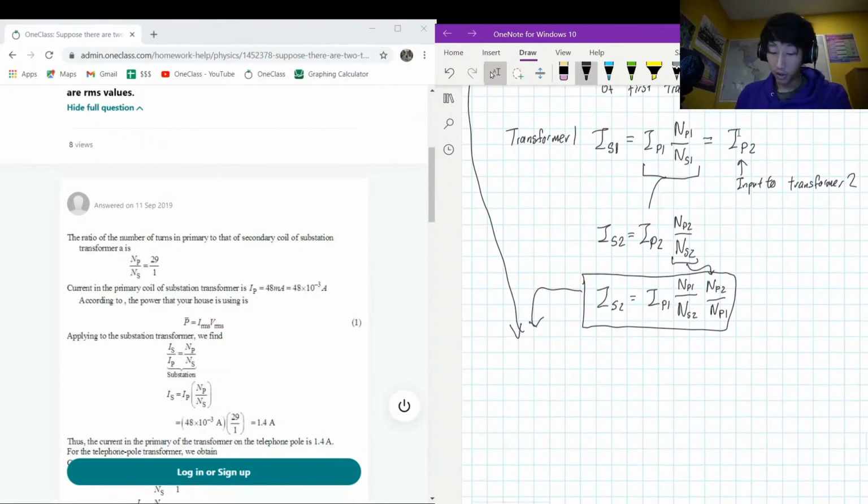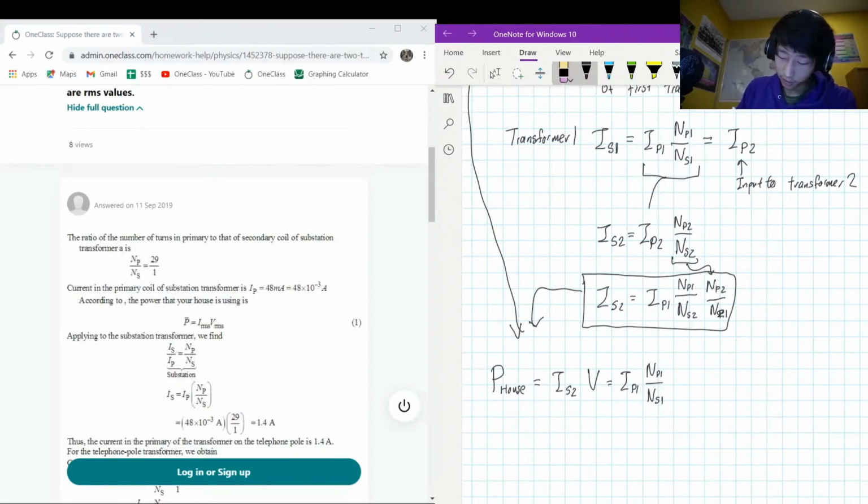Okay, so we know that our P house, the power as observed from our house, is going to be equal to IS2 times our V that we're given. And we know that IS2 is IP1, which we're given, times NP1 over NS1 times NP2 over NS2. Oops, I kind of screwed up some of these notes here.